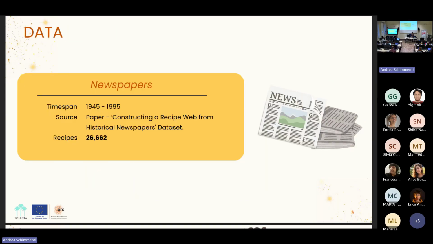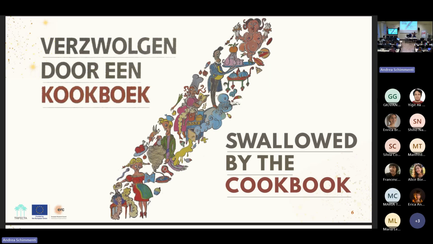Along with the books, we also looked at newspapers. This dataset was already curated for a paper, Historical Recipe Web, and so we used the dataset from the already published paper. This is one of my favorite headlines, which says swallowed by cookbook. It was published in 1990 by a paper.